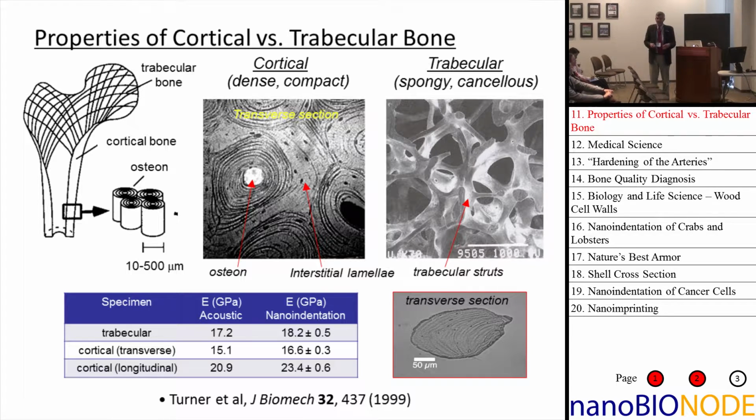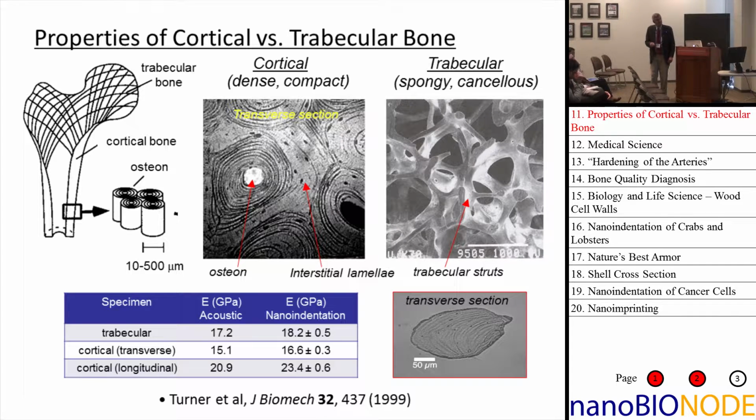A question asked by a lot of the bone mechanics folks was, are the inherent mechanical properties of the spongy stuff the same as the inherent mechanical properties of the dense stuff? Which is basically equivalent to saying, is the spongy stuff spongy just because of its geometric structure, or because there's something different about the bone itself? And so nanoindentation ends up being an important tool to investigate that problem.